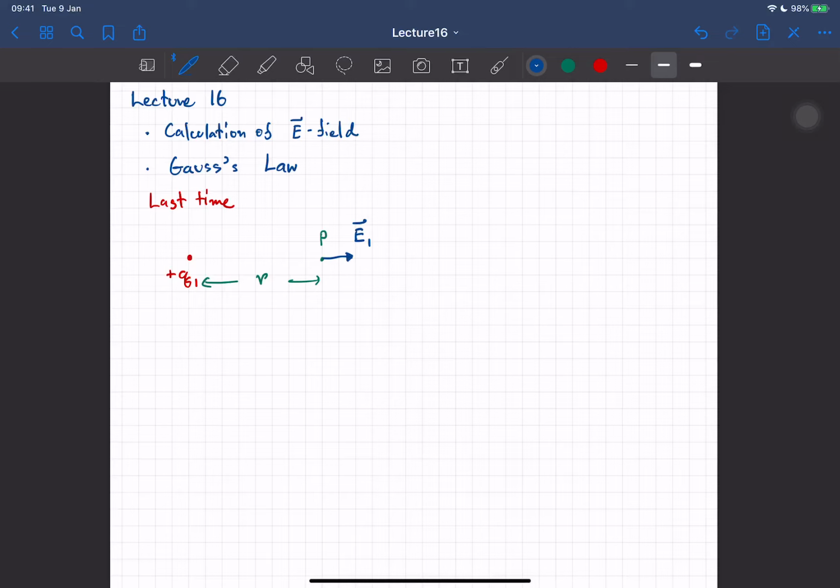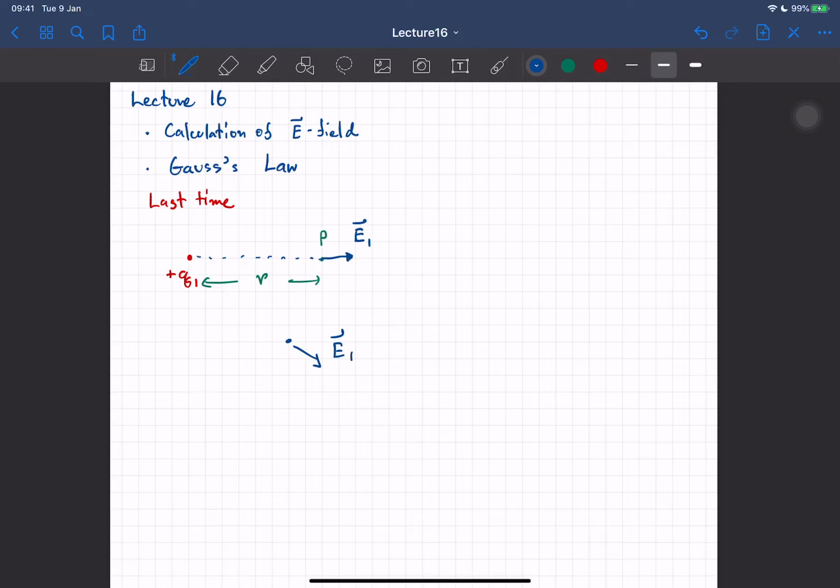And the direction, well, we need direction because electric field is a vector, right? So we need both magnitude and direction. The direction of E1, because Q1 is positive, is going to point away along this line, which is the line joining the point P and the charge Q1, right? So if you pick a different point, you're going to have a different direction of electric field. So the direction of electric field depends on where you are in space.